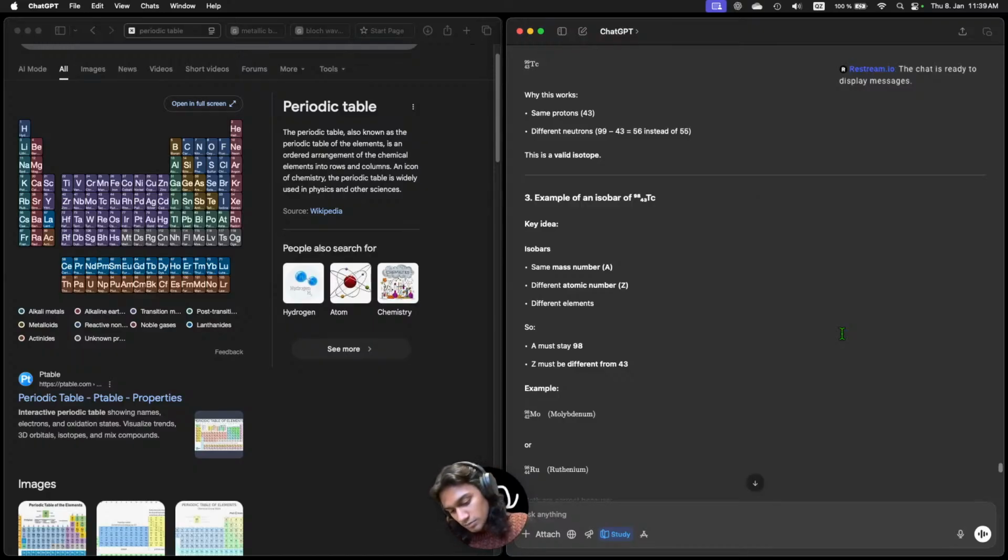Different atomic number, number of protons. So example: 98 Tc 43.